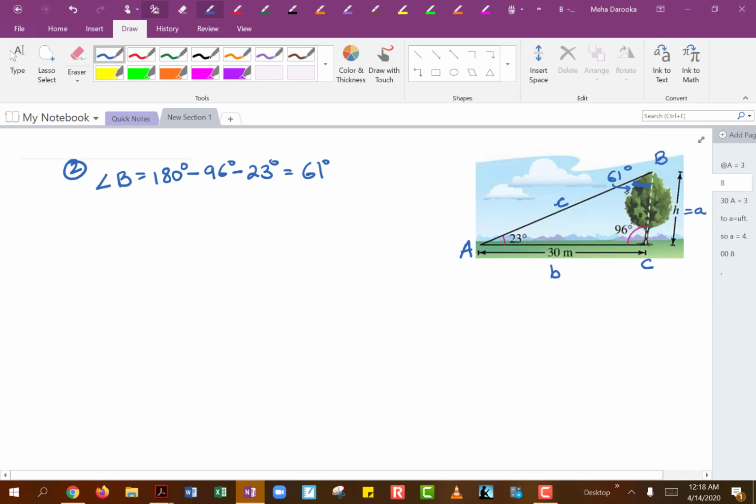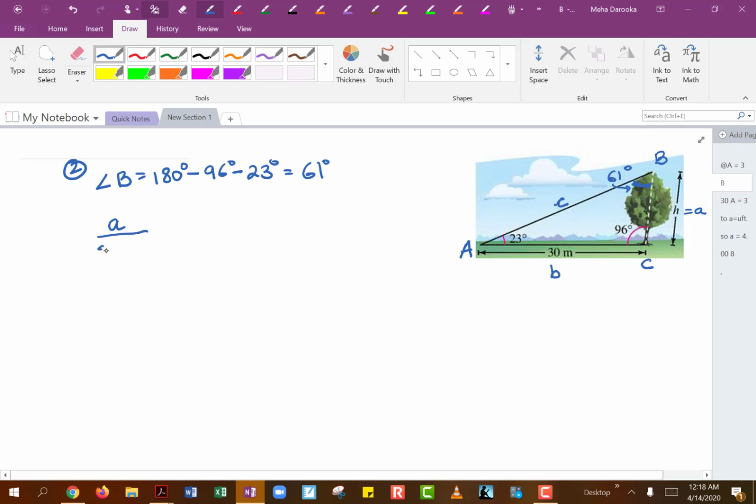Okay. Now, since we are interested in finding side A, or the height of the tree, and we are given side B, you can basically use the law of sines for that.